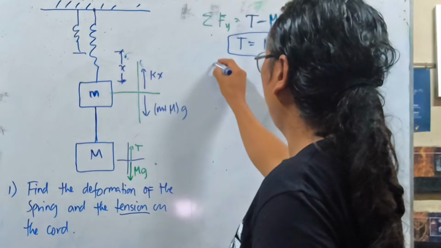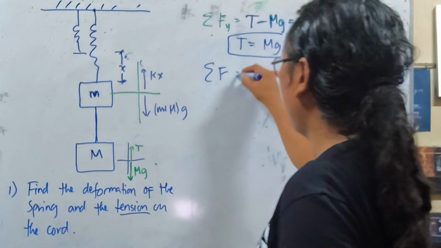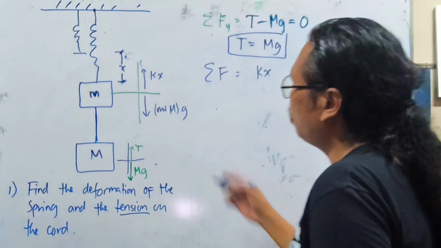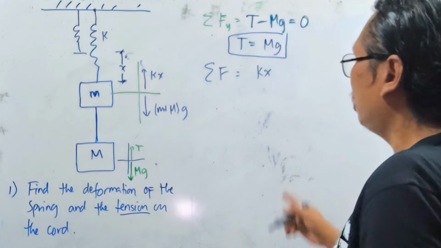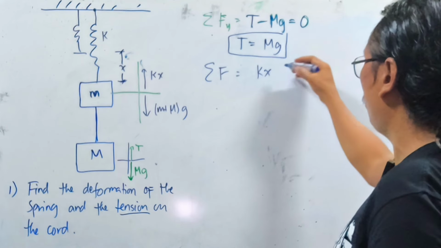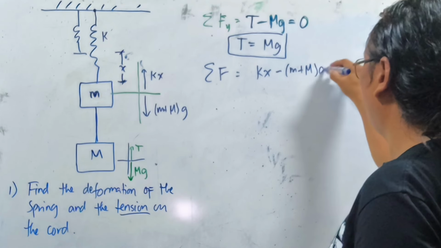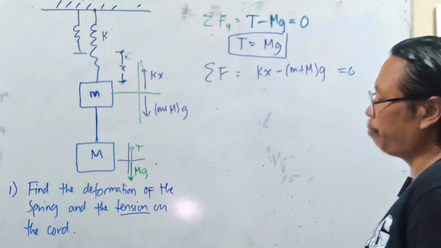Let's assume that the spring has a constant k. So the summation of forces is kx minus (m plus M) times g, and this is equal to 0.